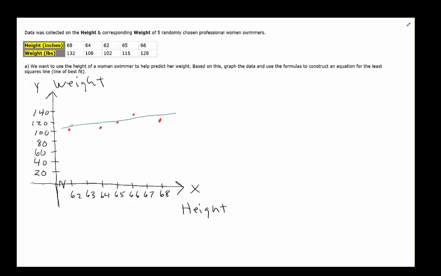And we recognize, because there are other variables involved in how much a woman swimmer weighs, not just her height, but there's other variables that would contribute to her weight, and the fact that there's a certain amount of measurement error, we're not expecting all these points to line up.